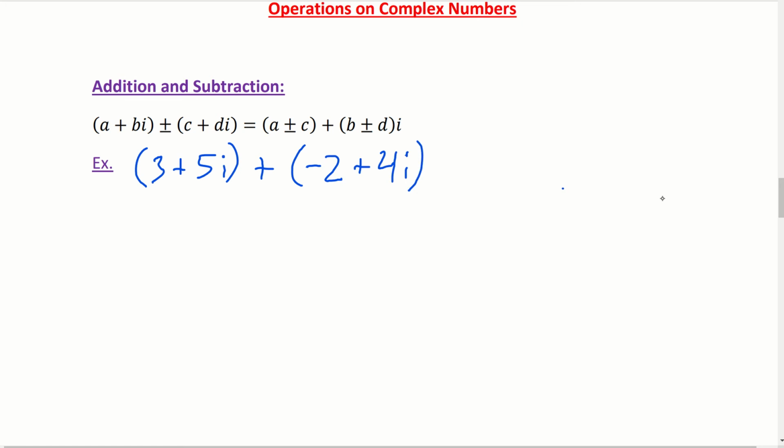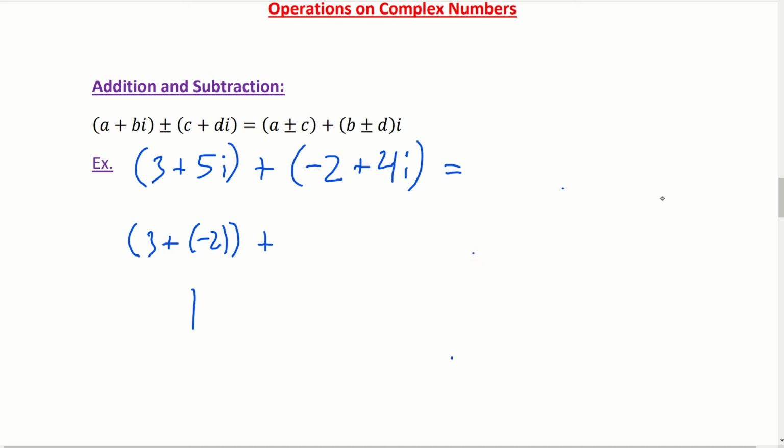In order to add or subtract complex numbers, all we simply do is add or subtract the corresponding real parts and the corresponding imaginary parts. So it's almost like combining like terms. For example, 3 plus -2, we know what that's going to give us. That's going to be +1.